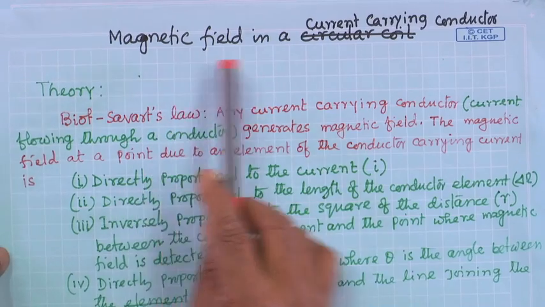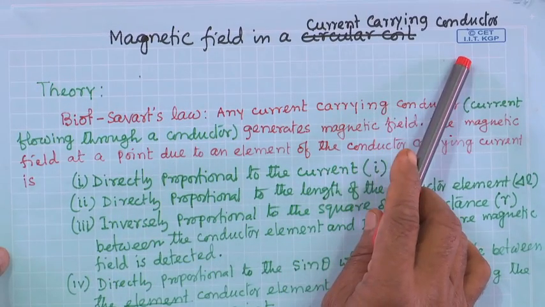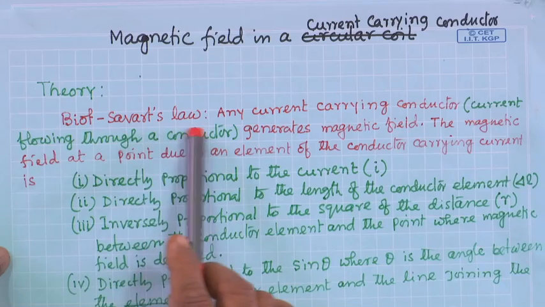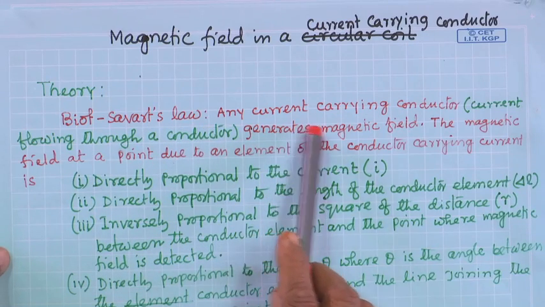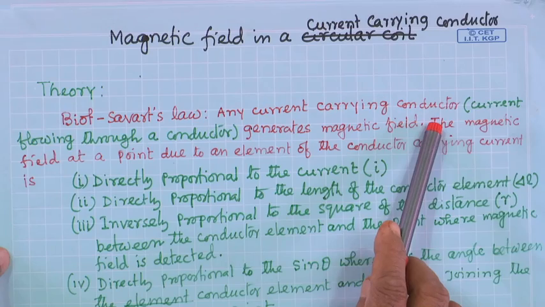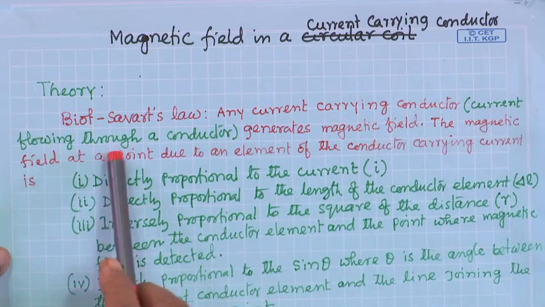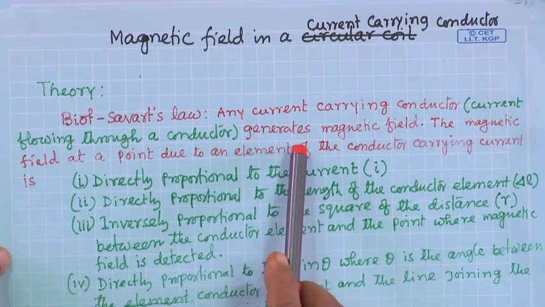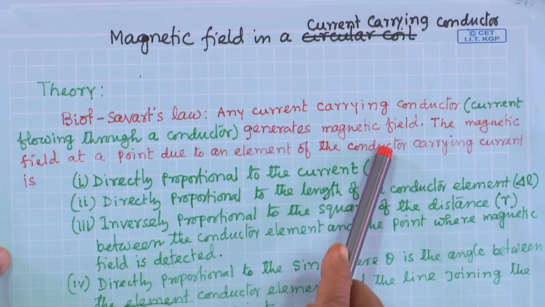Okay. So, magnetic field in a current carrying conductor. So, basically Biot-Savart law. You know that any current carrying conductor, basically current flowing through a conductor, generates a magnetic field.